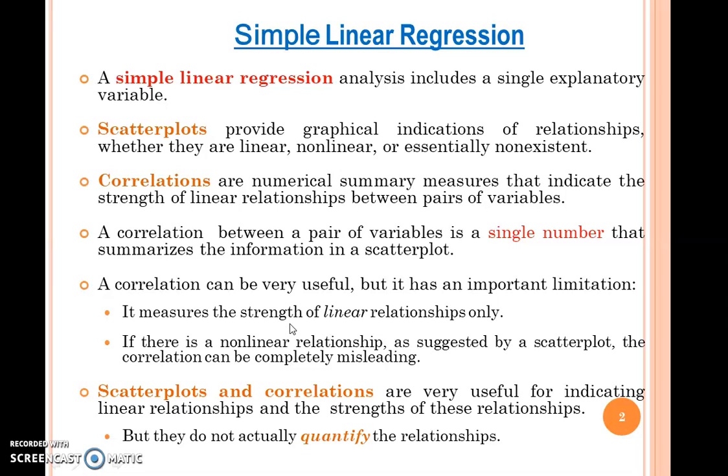It measures only the strength of the linear relationship, and if there is a non-linear relationship as suggested by the scatter plot, the correlation can be completely misleading. So scatter plots and correlations are very useful for indicating a linear relationship and its strength, but they do not actually quantify the relationship.